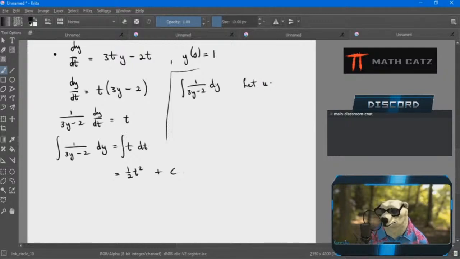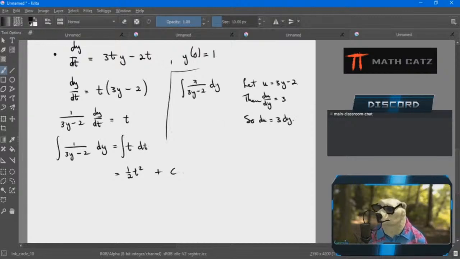Use my u to say it's 3y minus 2. Then the derivative, the y is just my variable, like an x or a t for the moment, is 3. So I separate those variables as 3 dy.